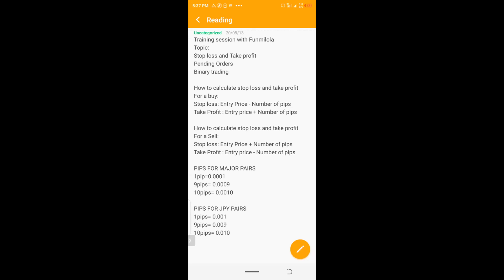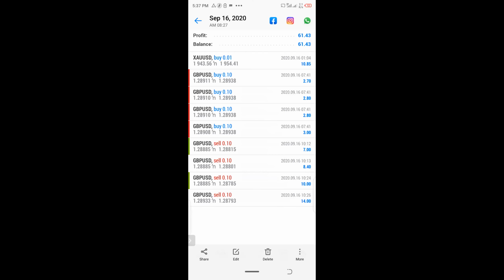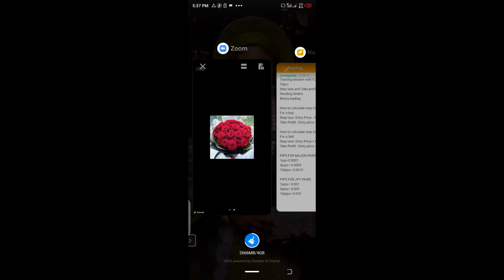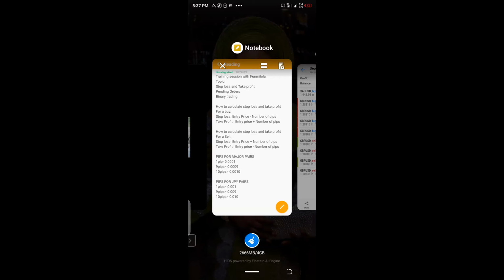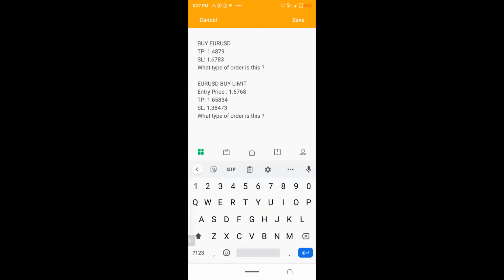All right, so now what is my entry price? My entry price here is 1.2885. That is my entry price. So all I need to do is type it in the chat box. What is my take profit?